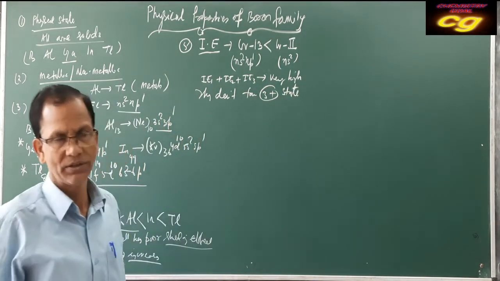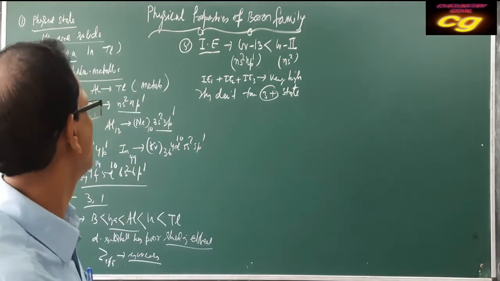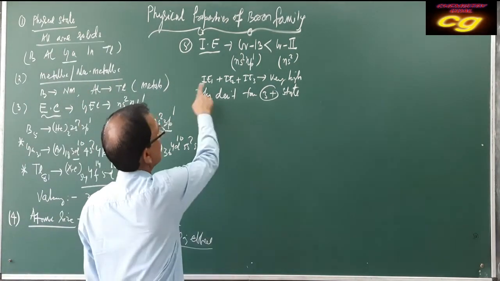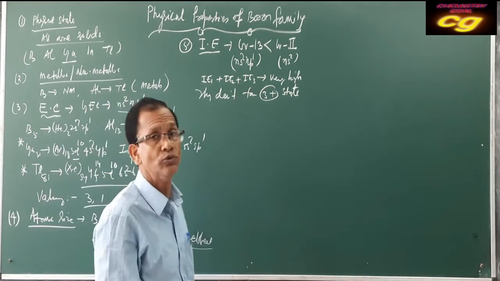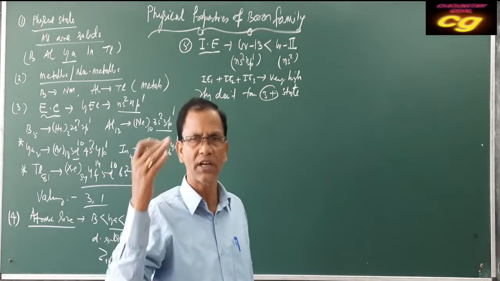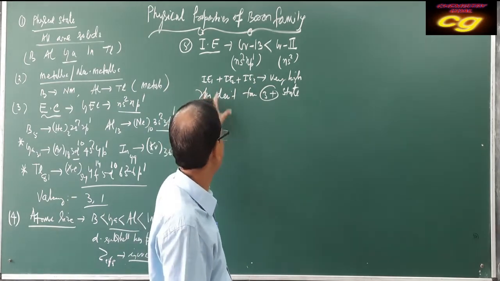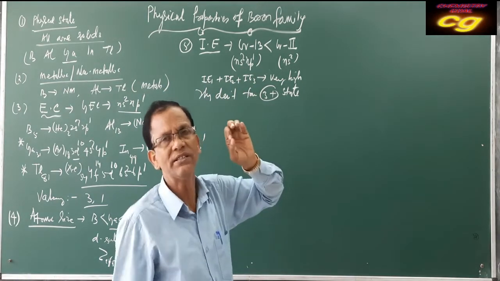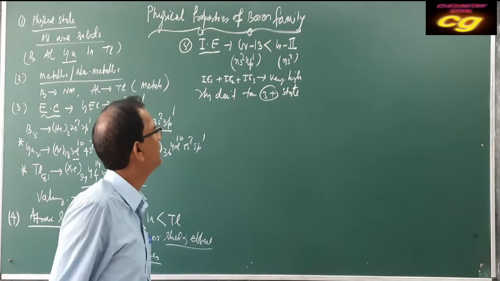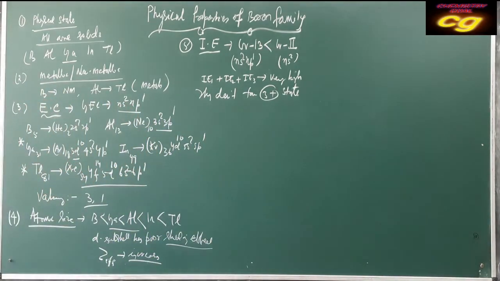A free +3 ion is generally not possible due to the high ionization energies 1, 2, 3. To remove the first, second and third electron requires very high ionization energy. That's why generally they do not exist in the free 3+ state.